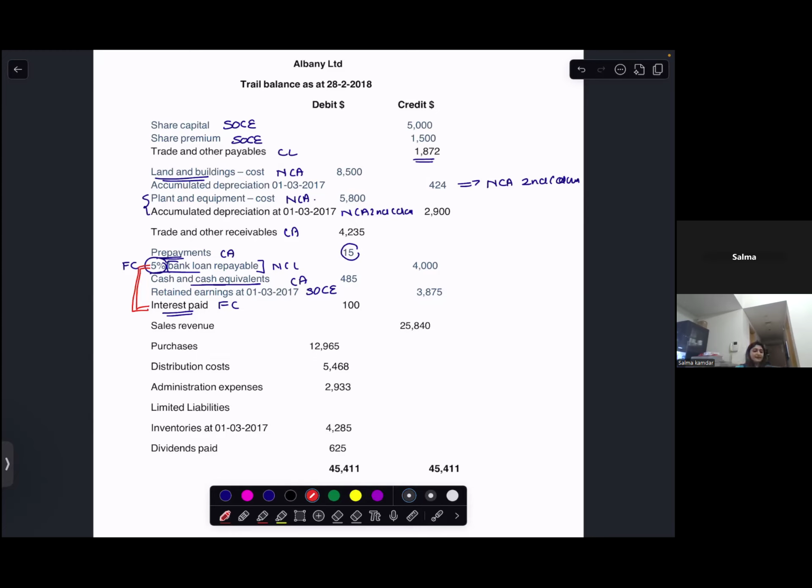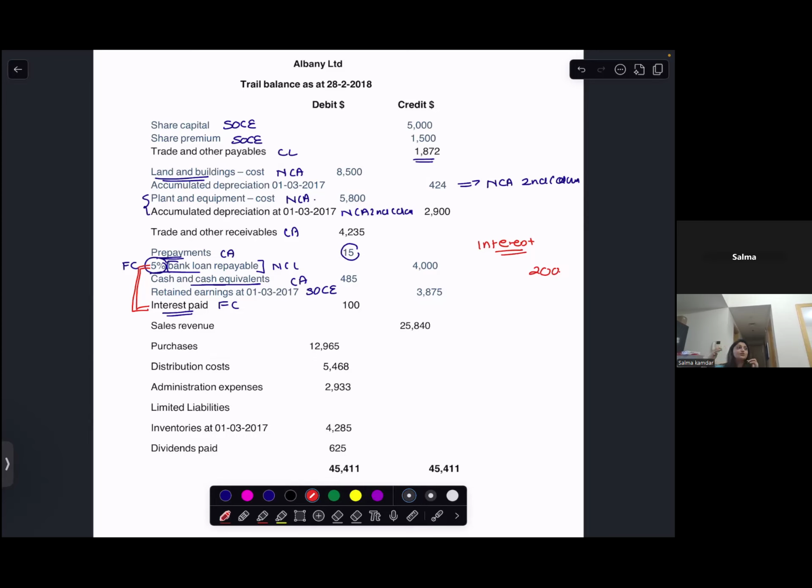If I take my bank loan, which is 4,000, 5% of it is 200. That means if no date is given, I have to pay interest of how much? 200.